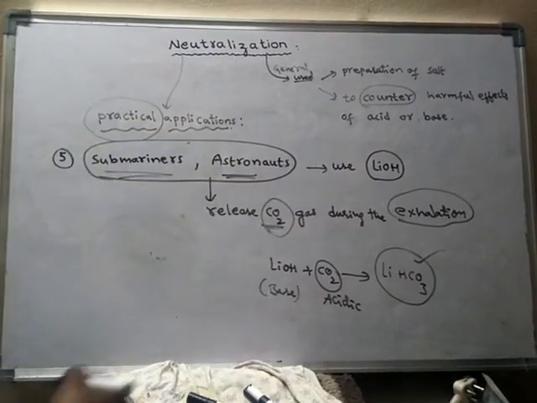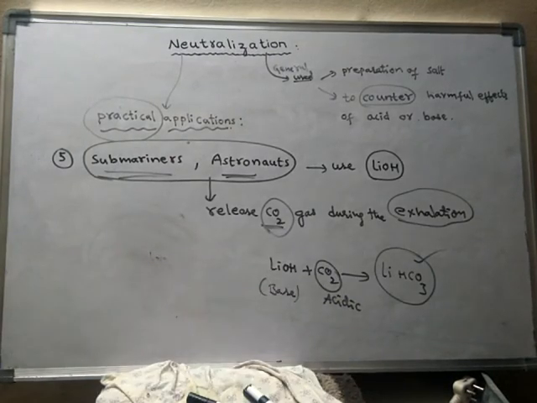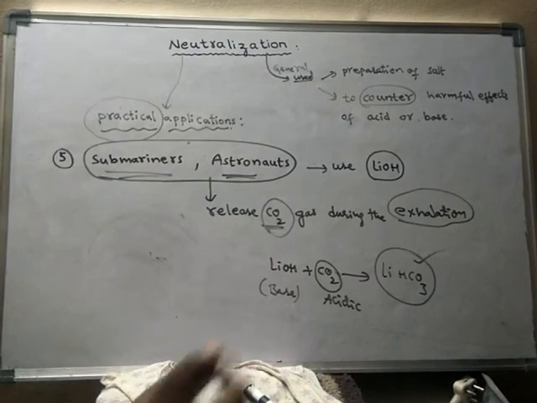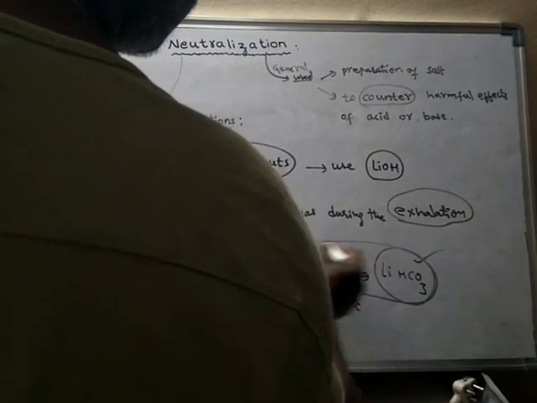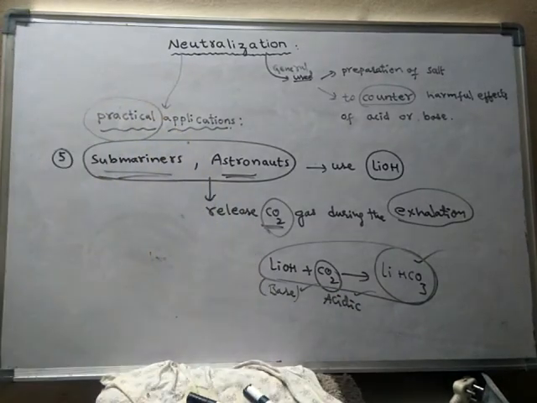Lithium bicarbonate. So what happened here? The amount of acidic carbon dioxide is reduced by lithium hydroxide. So this process is also a neutralization reaction, because acid is reacting with base. When acid reacts with base, the process is said to be a neutralization reaction.